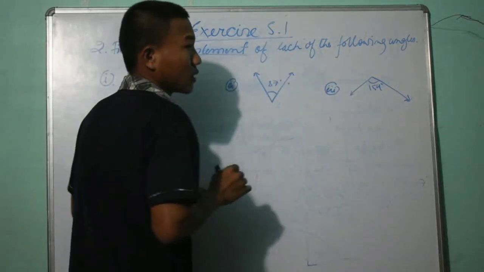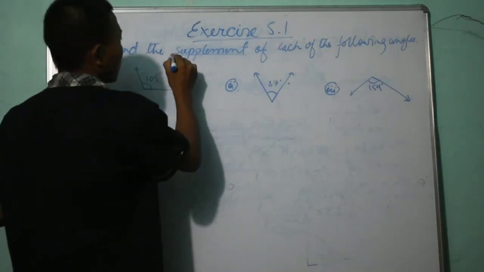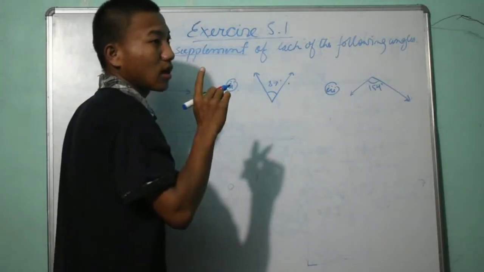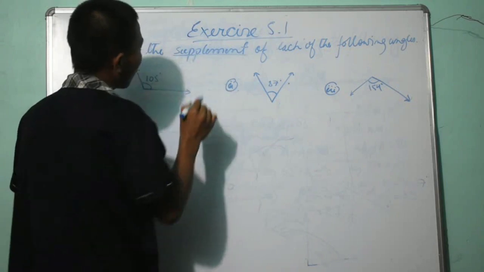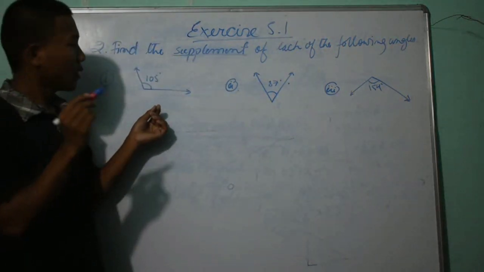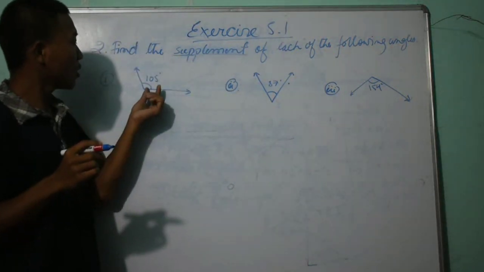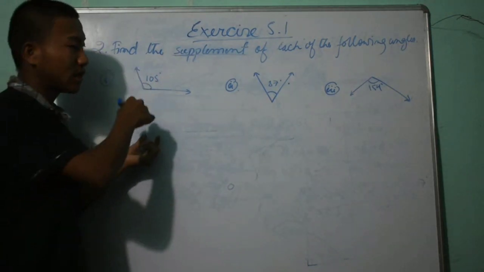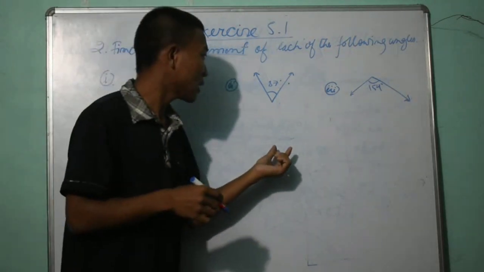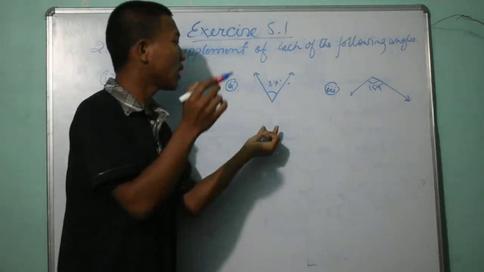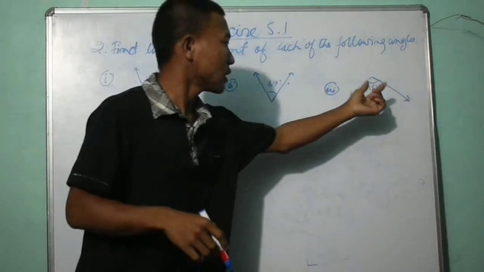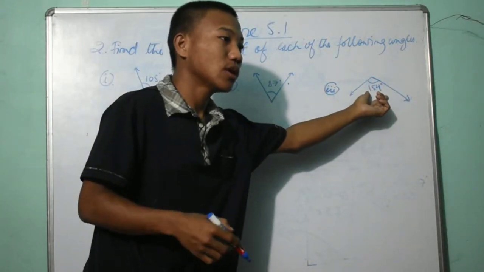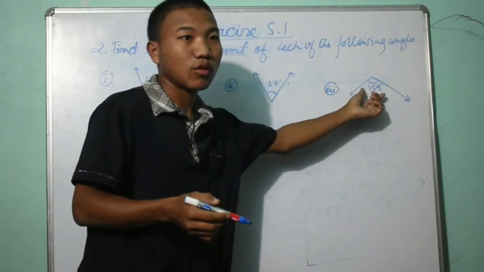Supplement means we have to find a measure of an angle which when added to 105 will give 180, which when added to 87 will give 180, and the same for 154.